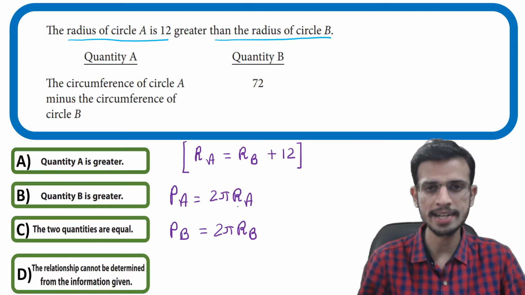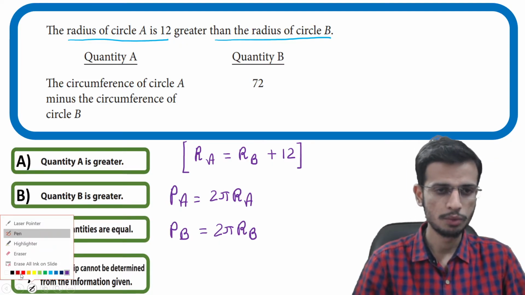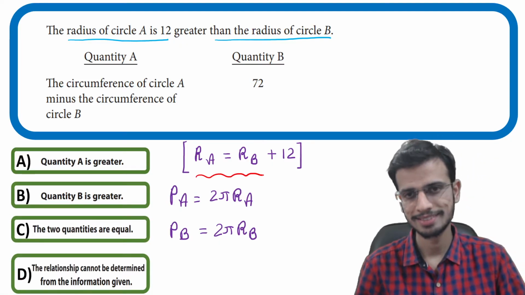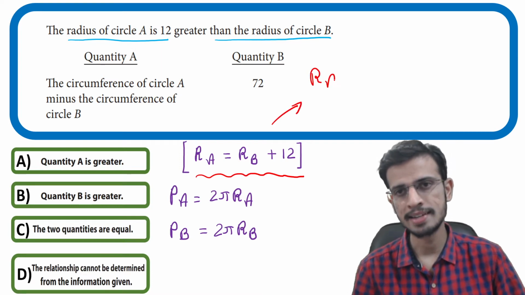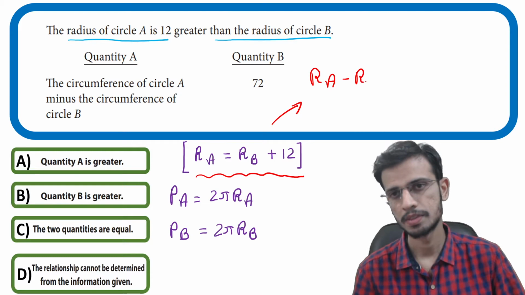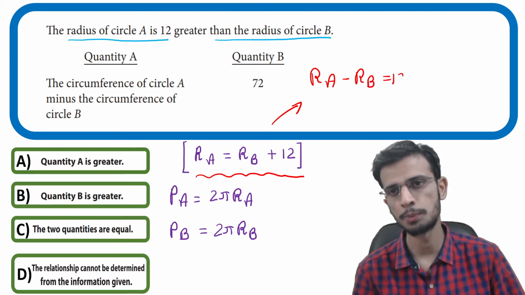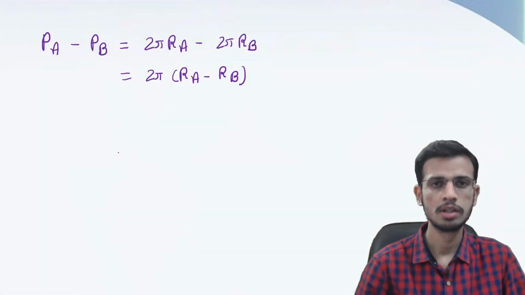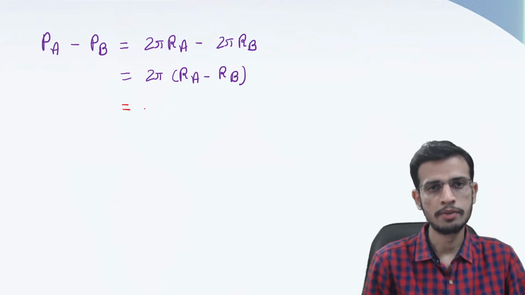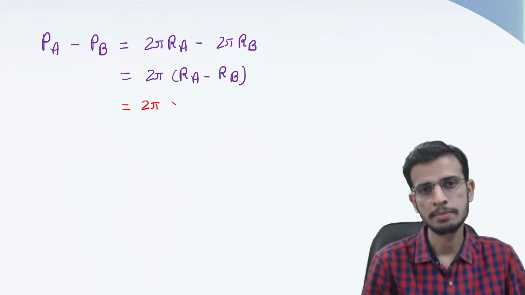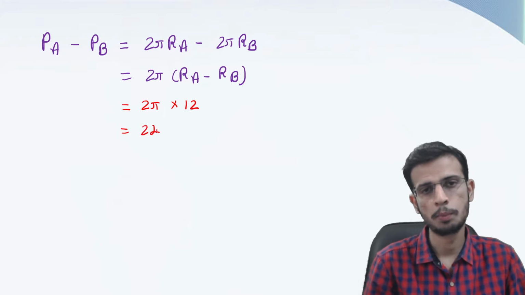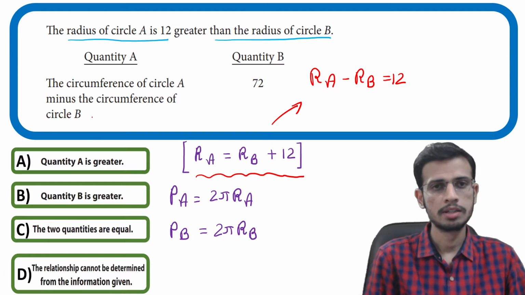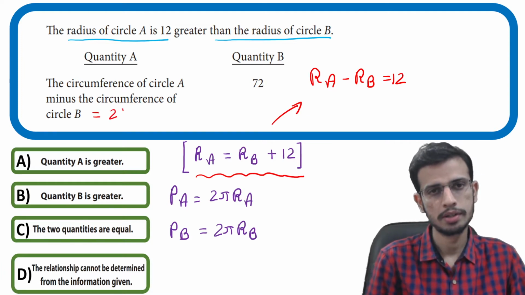From this equation, RA minus RB is 12. So let's put this value. It will become 2 pi times 12, so 24 times pi.